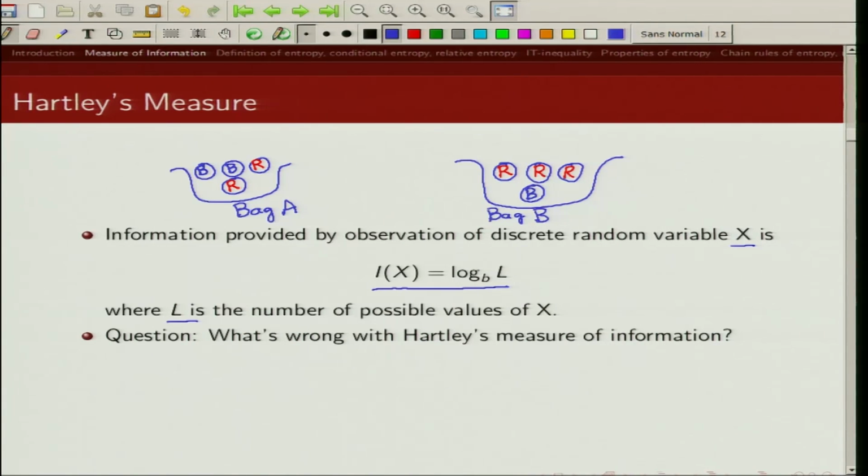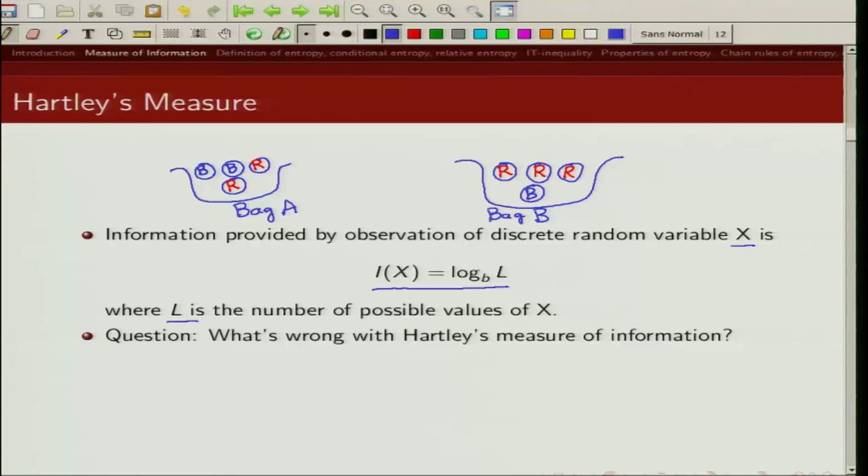Now according to Hartley's measure of information, in bag A there are 2 possible outcomes. So what I am doing is, I have a bag of these balls and I am picking up a ball and showing you the color of the ball, right? According to Hartley, in bag A you can either get a blue ball or a red ball.